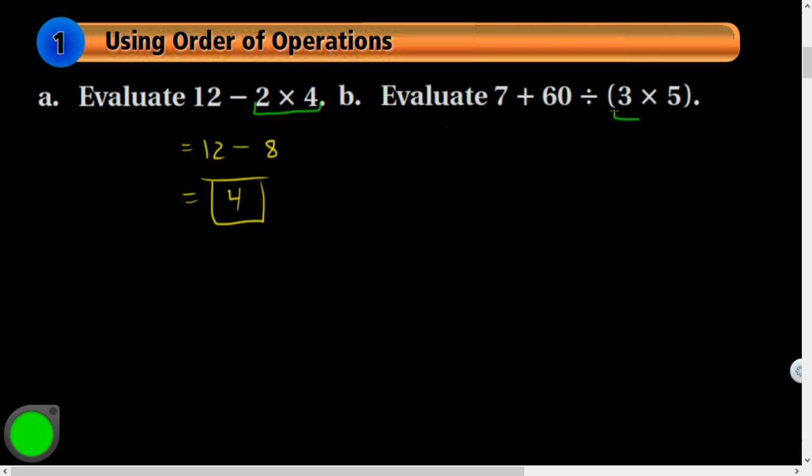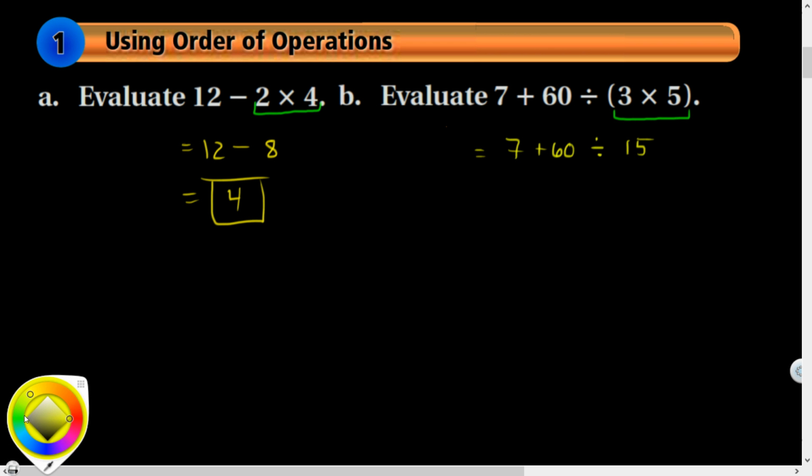So let's do the 3 times 5 first. When I evaluate this, that just means I'm following the procedure. 7 plus 60 divided by 3 times 5, which is 15. Now which operation should I do?